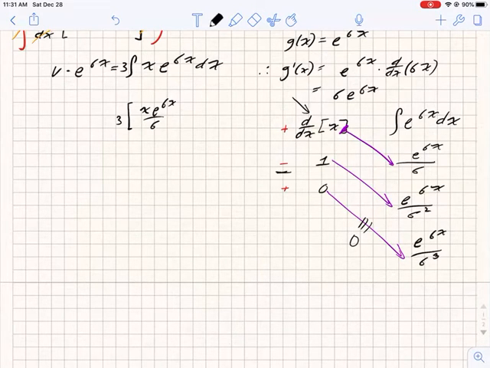Then we're going to have a negative e to the 6x over 6 squared. And the other one is going to be 0. This is going to be plus c. And whatever's left over here.